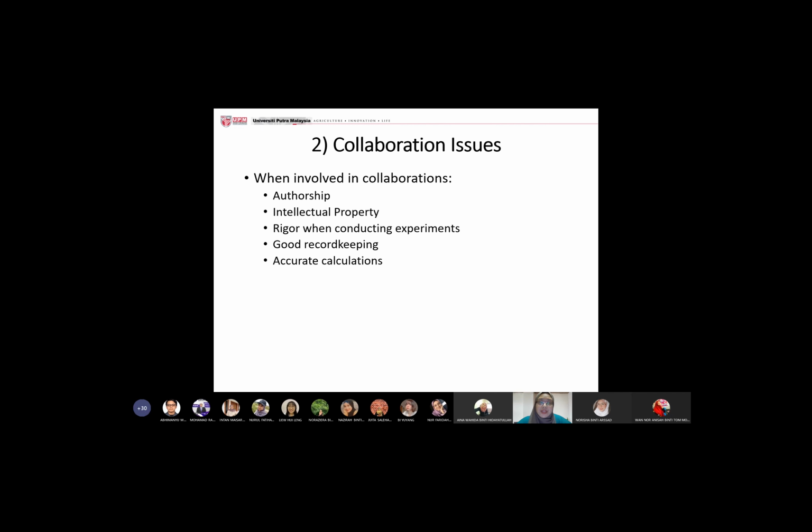When you are doing research, you will have your own findings, and like I said before, doing research is challenging. So whatever you find, whatever data you have, those are yours, right? So when you are involved in collaborations, some issues might happen. So with authorship, intellectual properties.